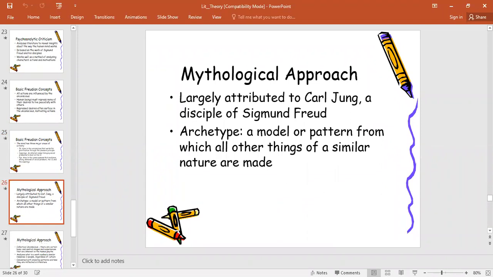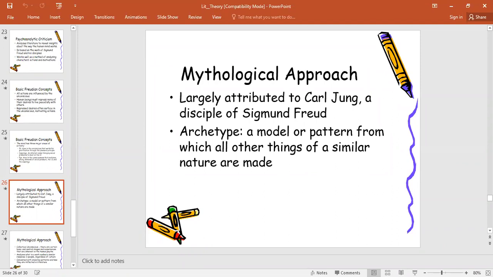Mythological approach, largely attributed to Carl Jung, who is certainly a psychologist as well, a disciple of Sigmund Freud.